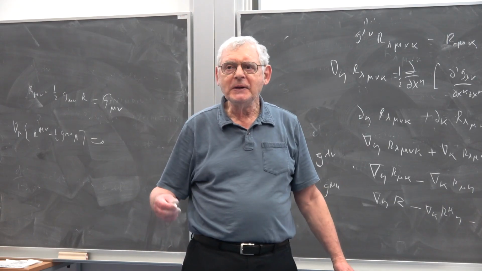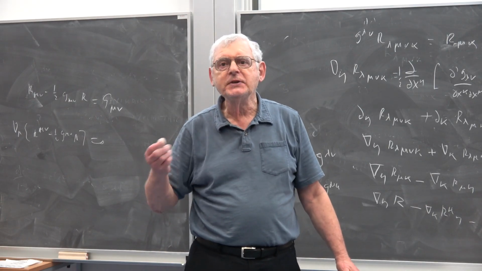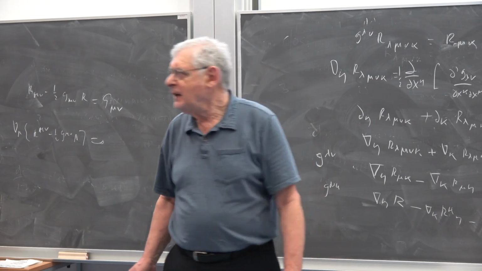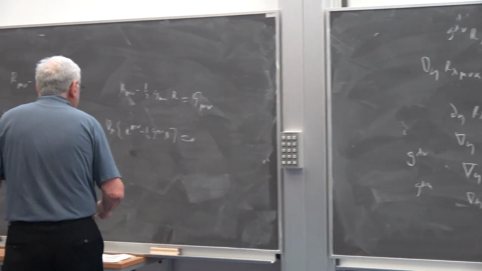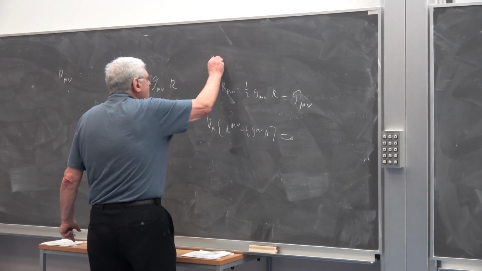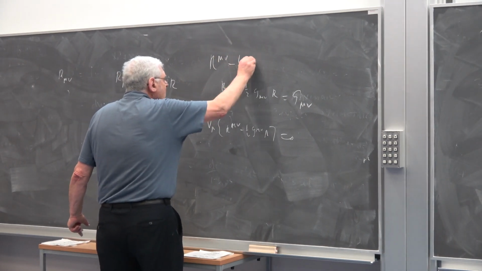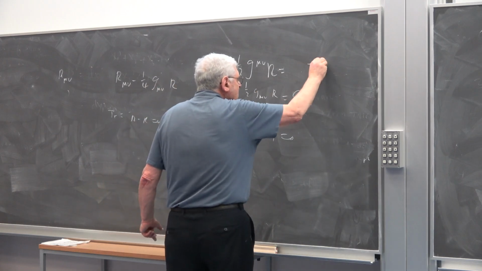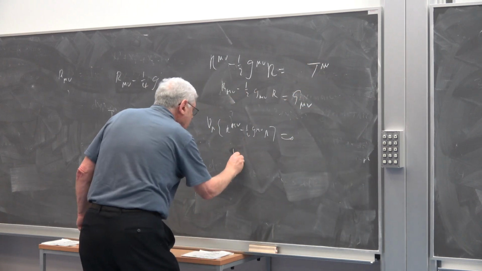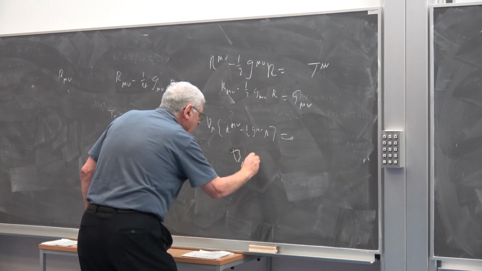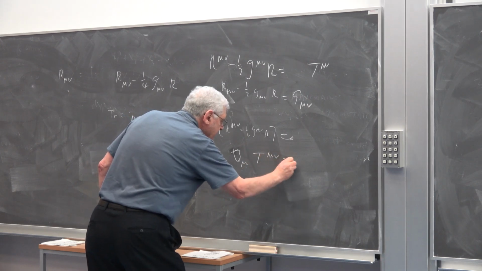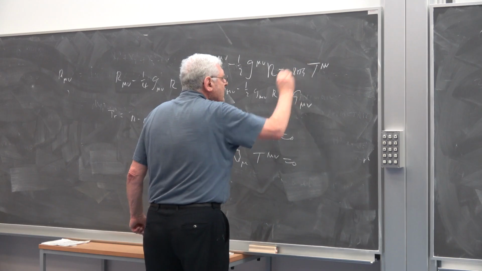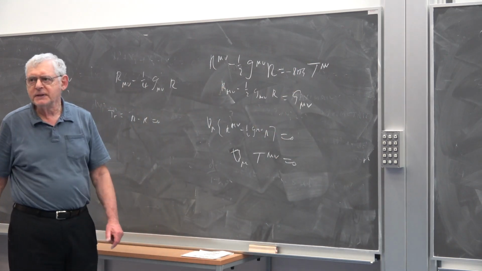But the energy momentum tensor of ordinary matter is not traceless, it's only conserved. And so Einstein in the end settled on the Einstein equations to be R mu nu minus a half G mu nu R is proportional to the energy momentum tensor, because the energy momentum tensor is conserved, that's always been true, and the coefficient is minus 8 pi G. And those are the Einstein equations.